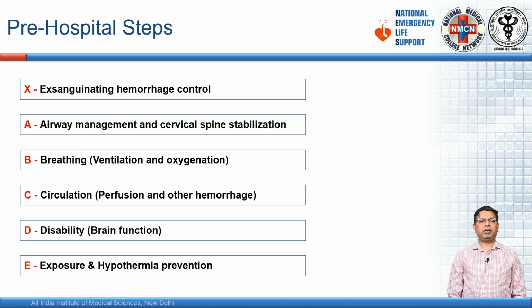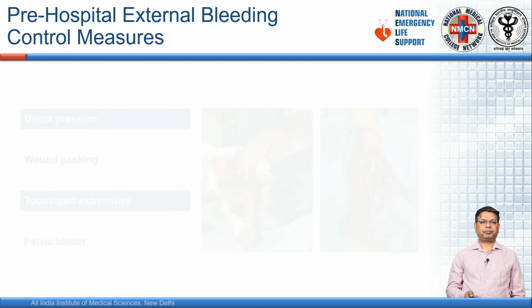D is for disability, that means brain function. Here we go for neurological assessment: AVPU or GCS, then pupil assessment and focal neurological deficit. E is for exposure and hypothermia prevention. So this is the ABCDE approach to the trauma patient.